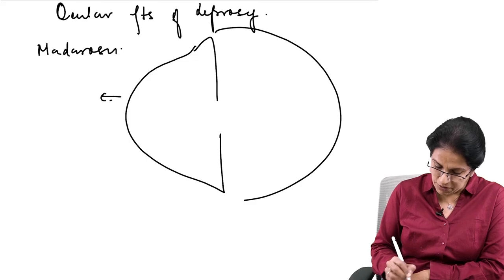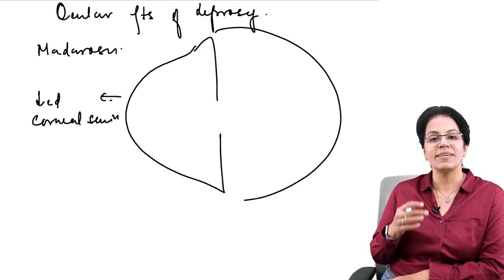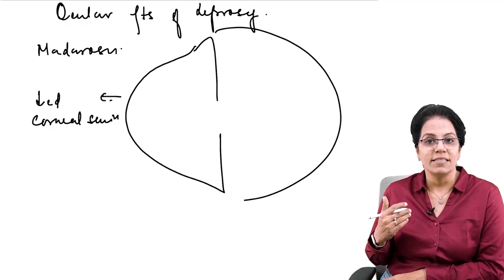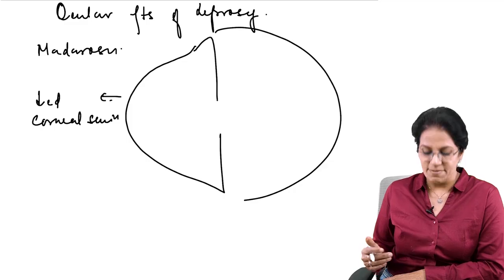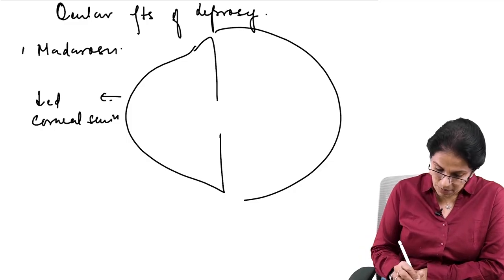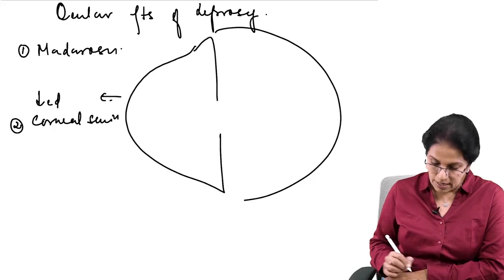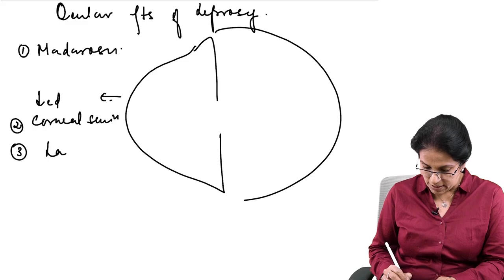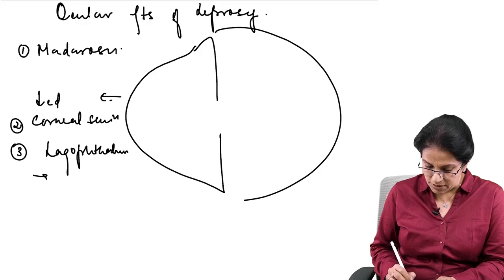So in the cornea what you get is a decreased corneal sensation. You remember we learnt about viral keratoconjunctivitis, diabetes and leprosy, isn't it? This is number 1, this is number 2. And of course lagophthalmos due to 7th nerve palsy, inability to close the eye.